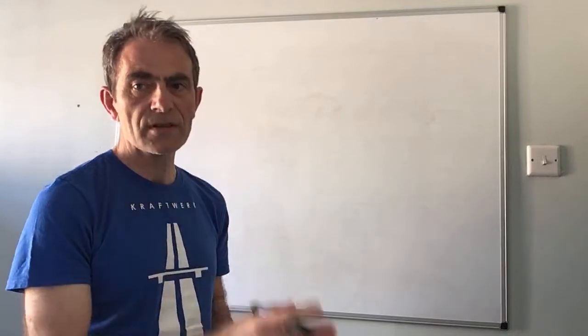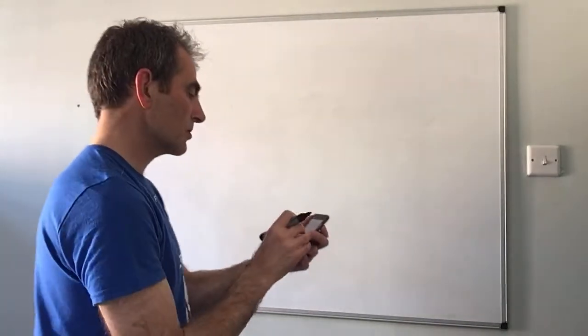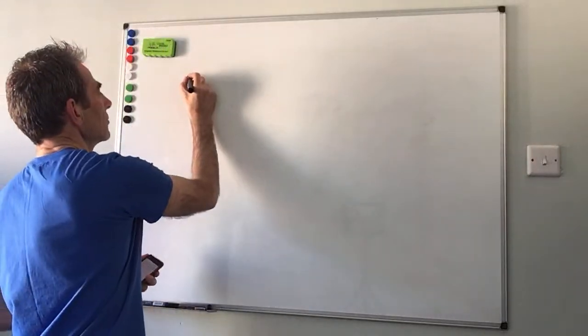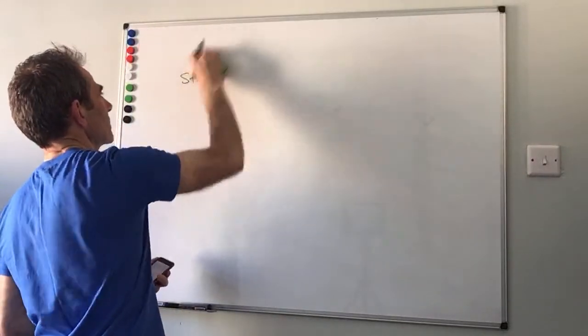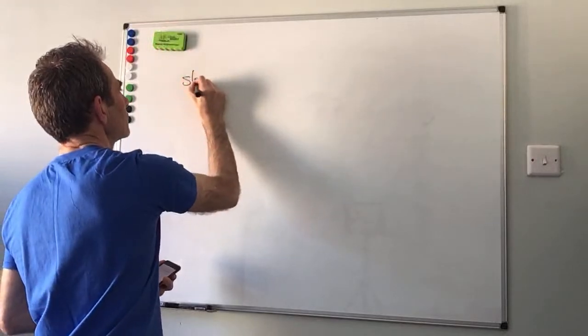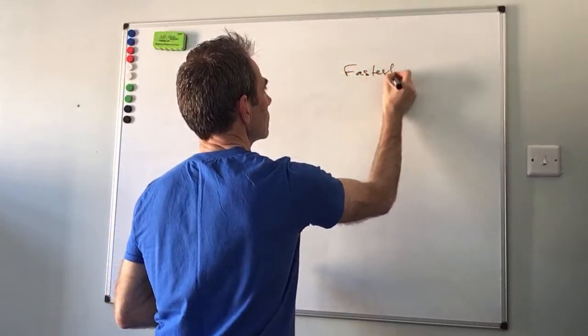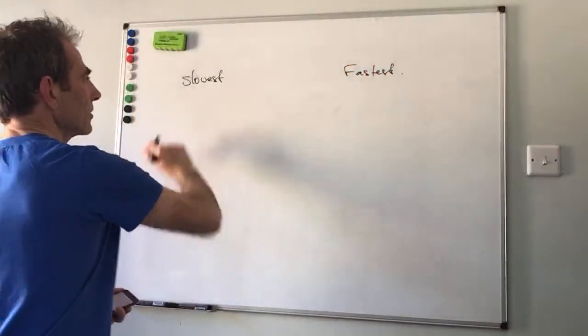So you need to be crystal clear in your answer. So, increasing order of rates of hydrolysis. We need slowest, and then fastest. Okay, so we're in no doubt now.